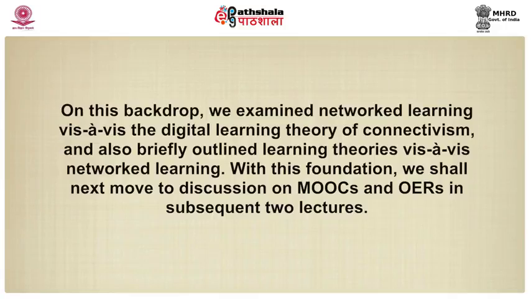Against this backdrop, we also examined networked learning vis-a-vis the digital learning theory of connectivism, and briefly outlined learning theories vis-a-vis networked learning. With this foundation, we shall next move to discussion on MOOCs and open educational resources in two subsequent lectures.